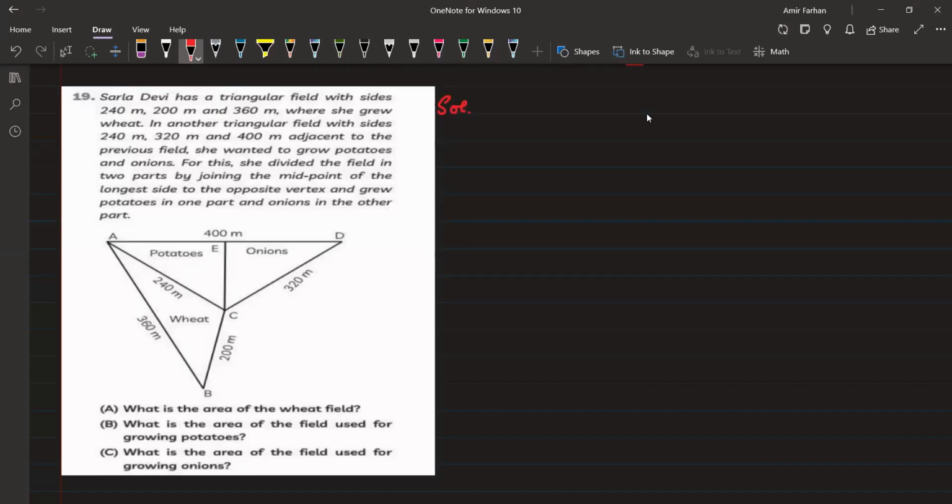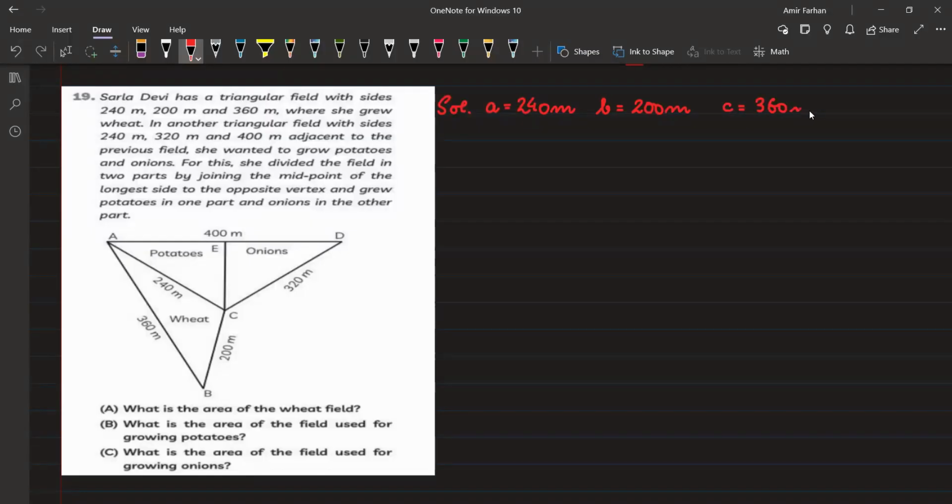In that case, I'm going to assume that a is equal to 240 meter, b is equal to 200, and c is equal to 360.